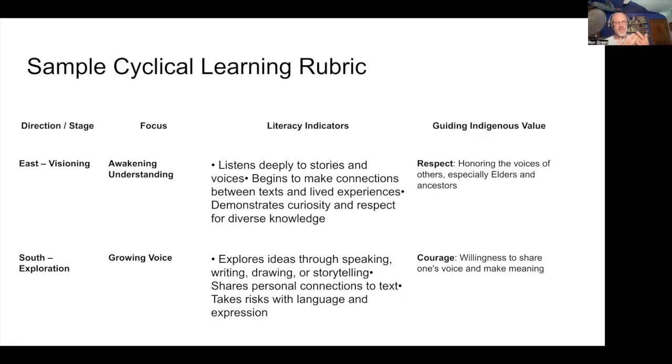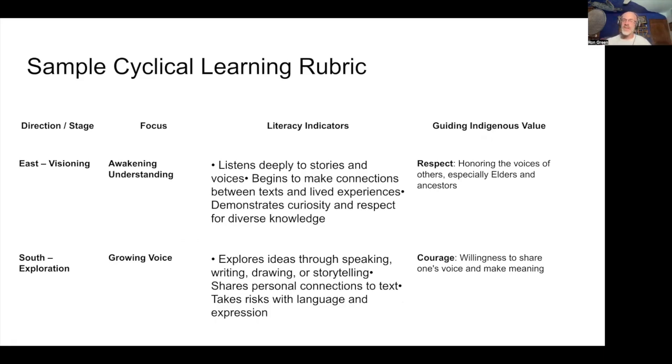South: exploration, growth, growing our voice, filling up our lungs and pressing that out into the world through vibration. The learner explores ideas through speaking, writing, drawing, or storytelling.